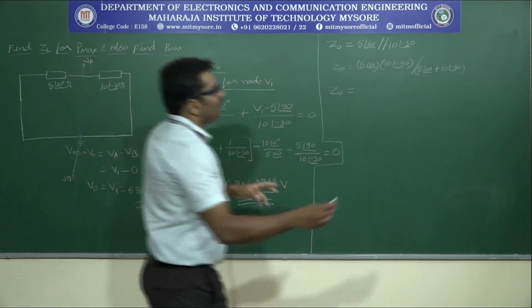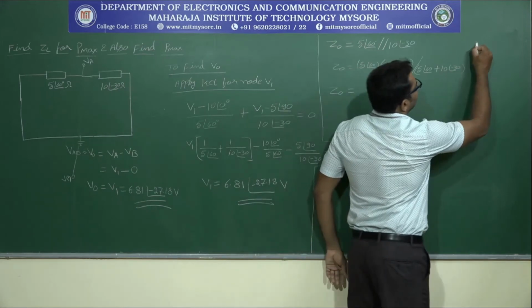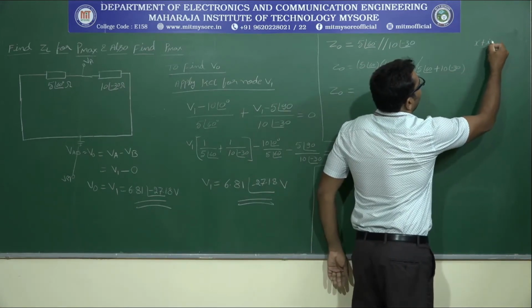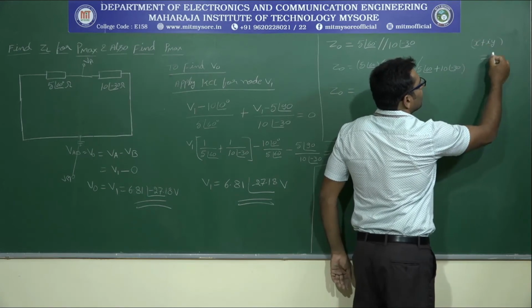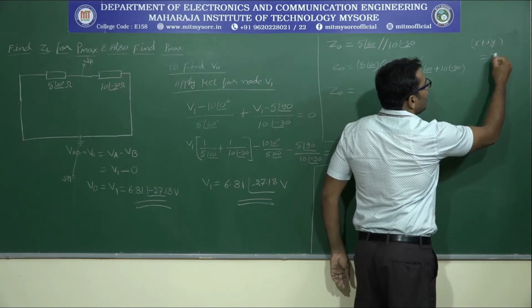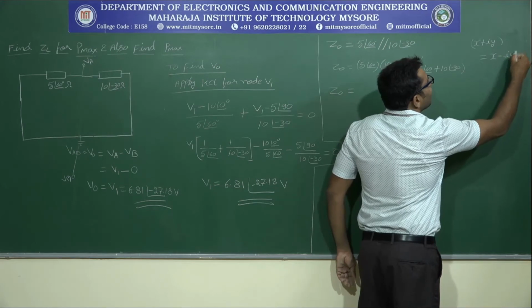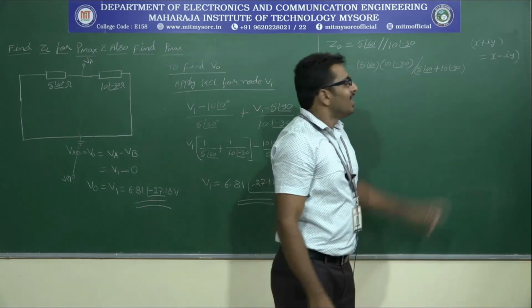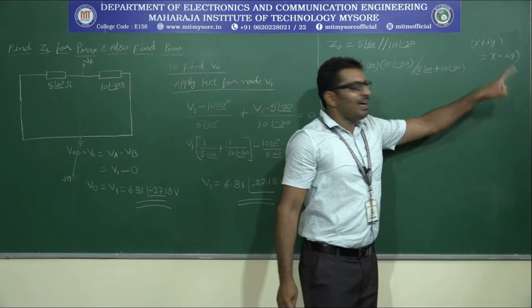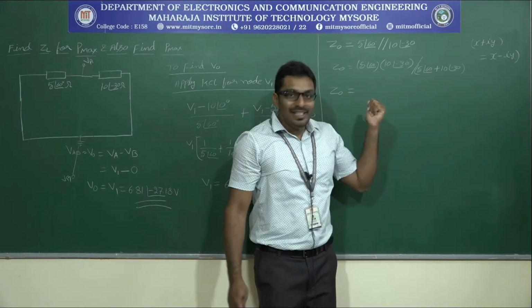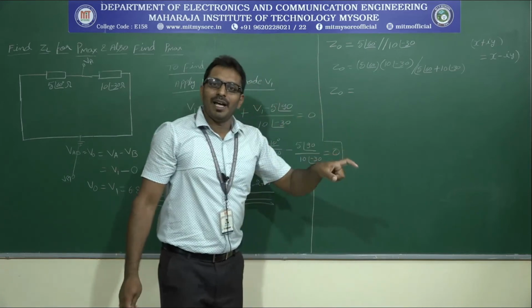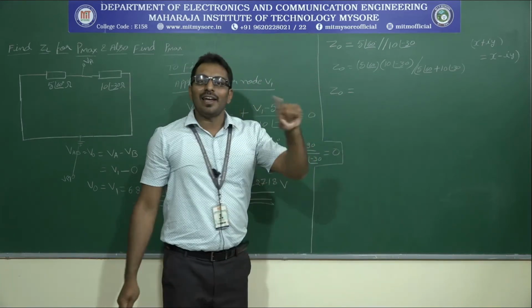I mean, if x plus iy, what is the complex conjugate of x plus iy? x minus iy, right? Correct. So x plus iy means which form? Rectangular form. That's why in this case, try to express Z0 in rectangular form.